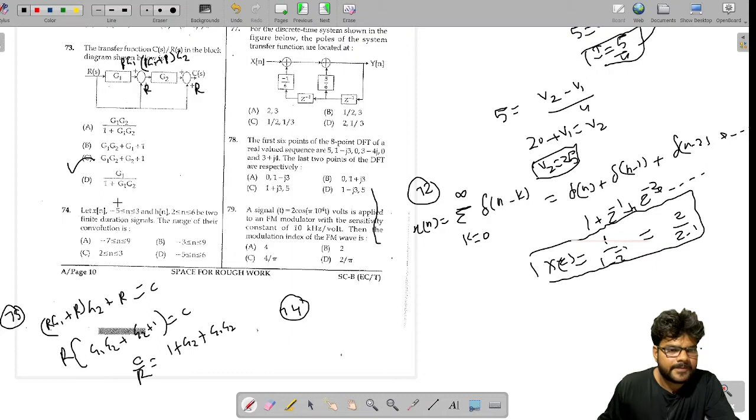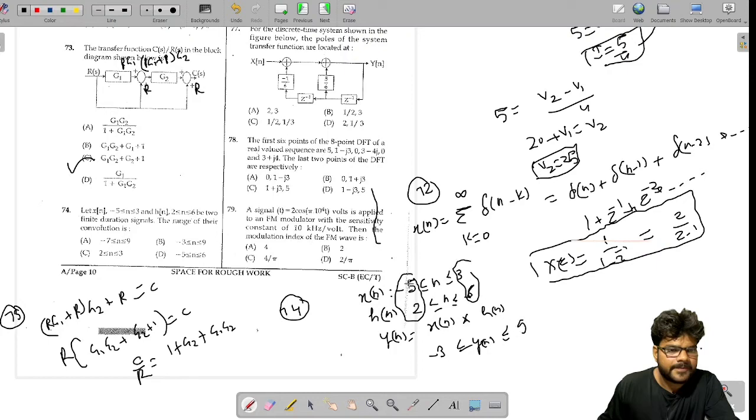If sequence xn is from minus 5 to 3 and hn is from 2 to 6, and if these two sequences are convolved, then the duration of the resultant sequence will be. So we know if xn is n from minus 5 to 3 and hn is n from 2 to 6, then yn, that is xn convolution hn, will exist from minus 5 plus 2, which is minus 3, to 6 plus 3, which is 9, simply adding the extreme points.